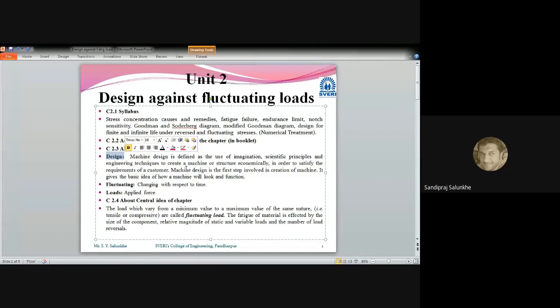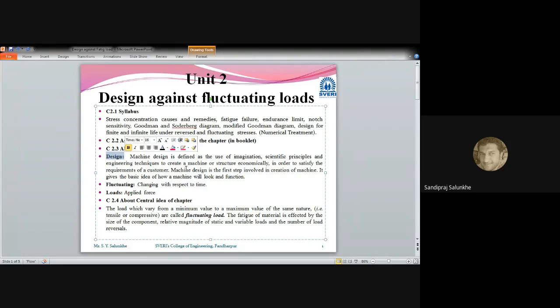Then the central idea of this unit is that we are going to see what this fluctuating load is, and whether we are suffering through such types of loads. If our component is subjected to any fluctuating load, then how can we design that component, or how can we find out the dimensions of that component, whether some different theory has to be used for that.